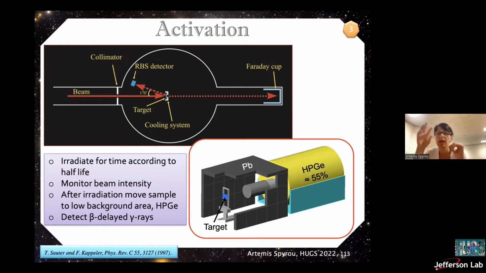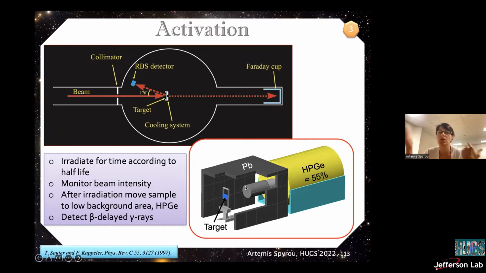Then you don't measure anything, you just activate your target, and then you get that target out and put it in a separate room with a single detector. You put it in front of the detector and you measure the activity.